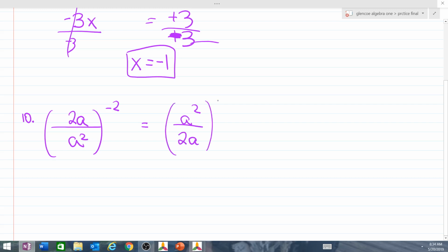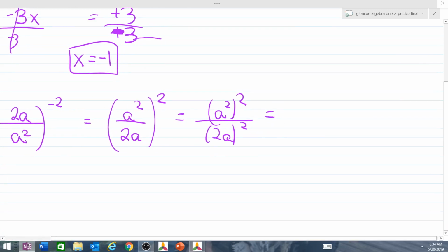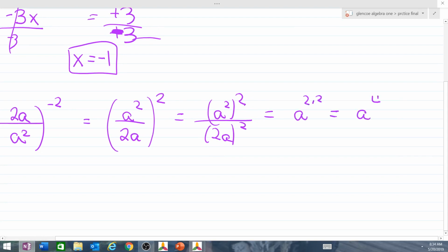And the whole thing now is to the power of 2, which is a squared to the second power over 2a to the second power, which is a to the 2 times 2, which is a to the 4th power, over 2 to the second, a to the second, which is 4a squared.